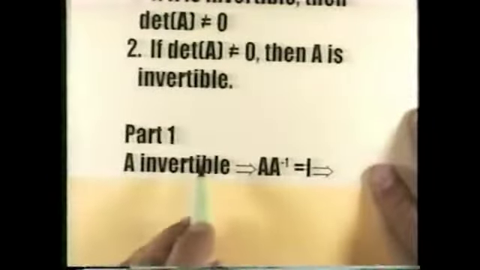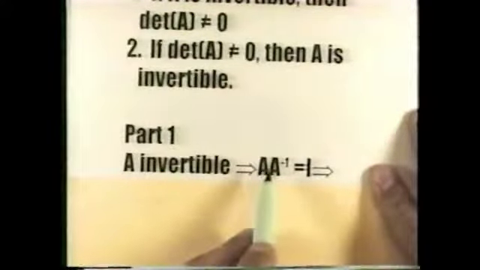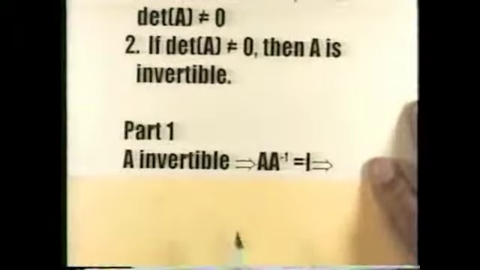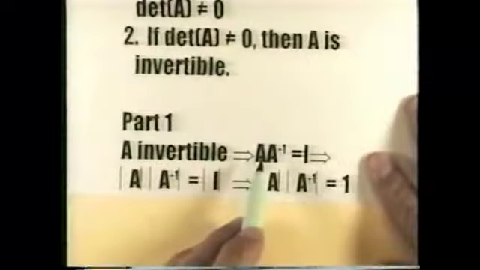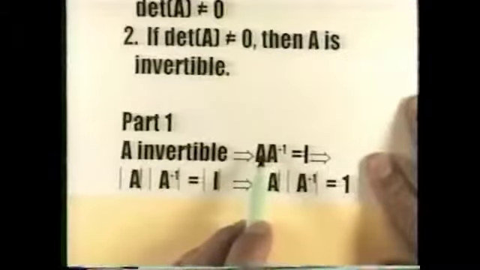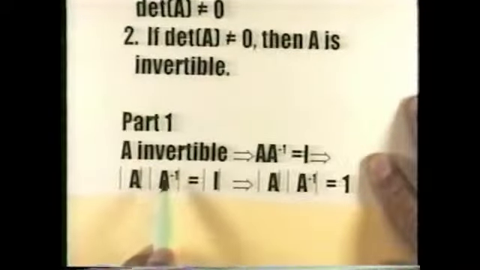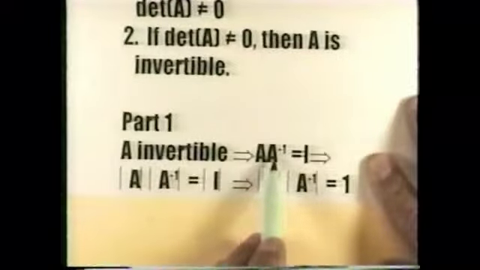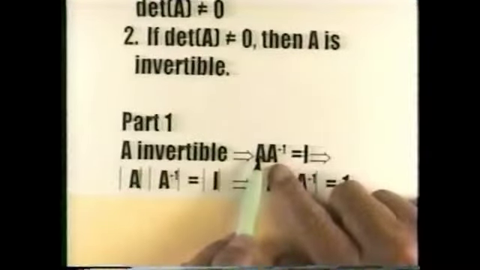If A is invertible, that implies that A has an inverse. And if A has an inverse, I know that A times A inverse is the identity matrix. Now by property 1, we know that the determinant of A times A inverse is the same as the determinant of A times the determinant of A inverse, because the determinant of AB is the same as the determinant of A times the determinant of B. So I simply took the determinant of both sides.